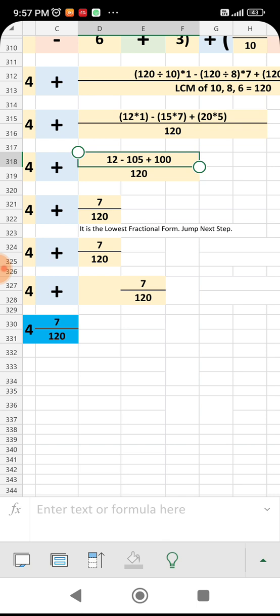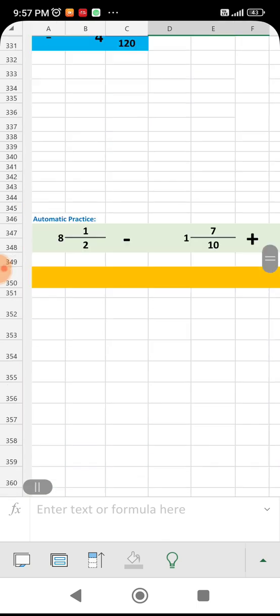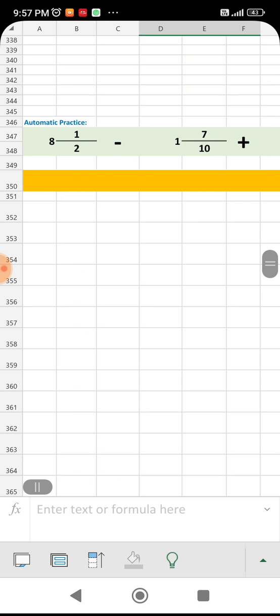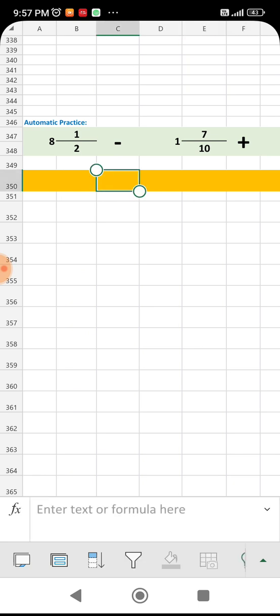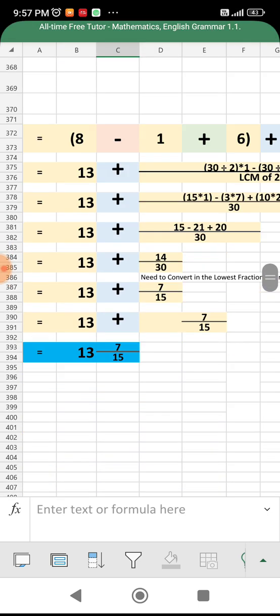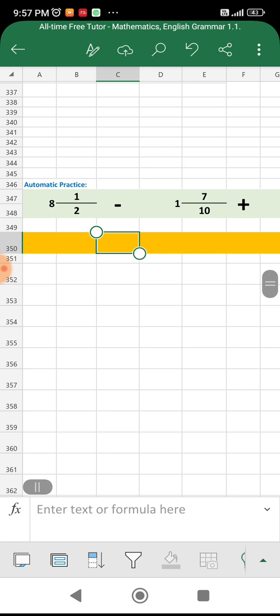So don't worry. Just practice a few times. It can be corrected very easily. So go below, and lots of practice will come. You practice it in this method and see what happens.